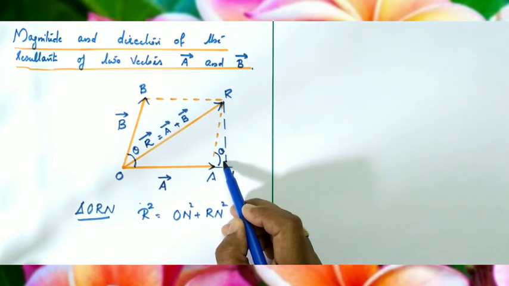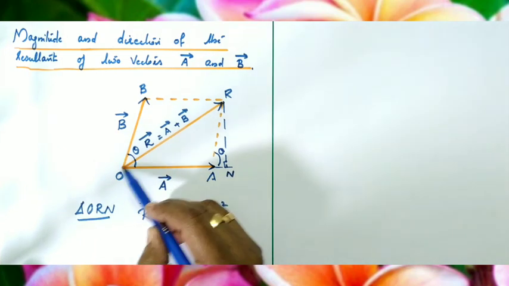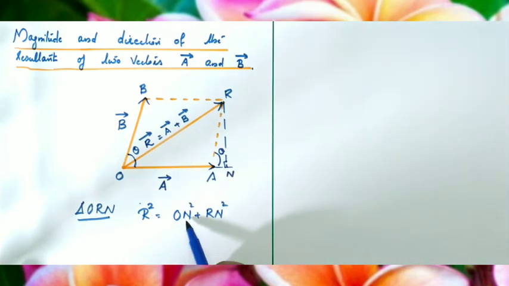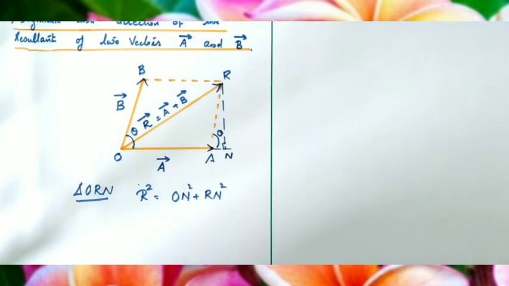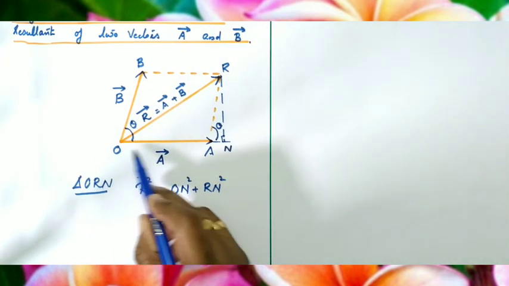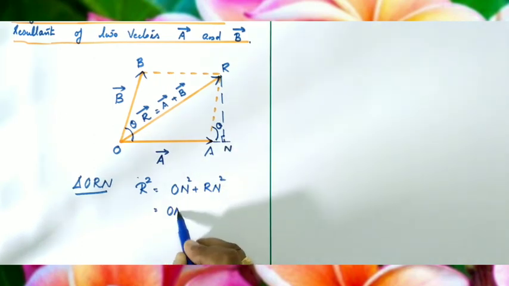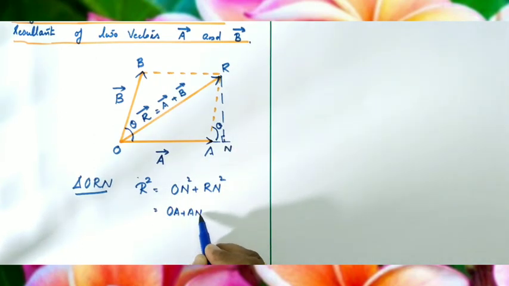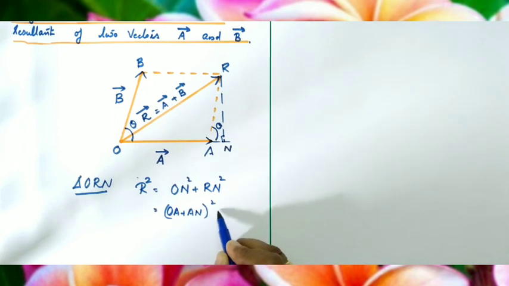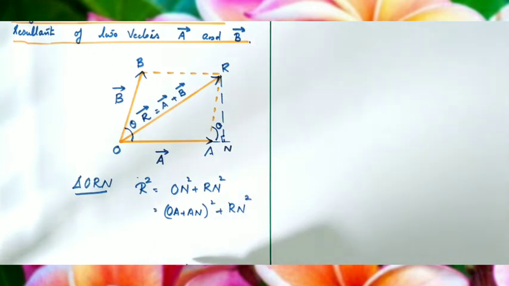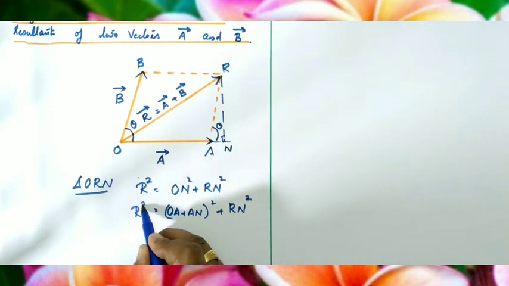This is 90 degrees. So with OR equal to R, R square is equal to ON square plus RN square. What is the value of ON? ON equals OA plus AN, isn't it? So it is (OA plus AN) the whole square plus RN square.